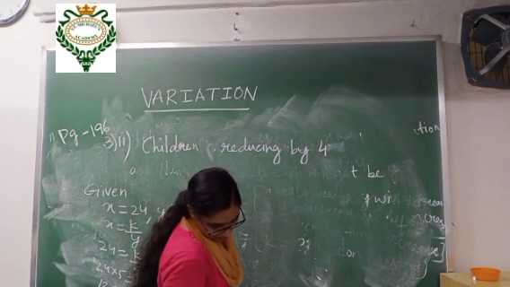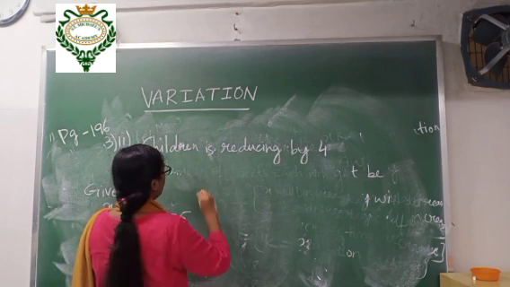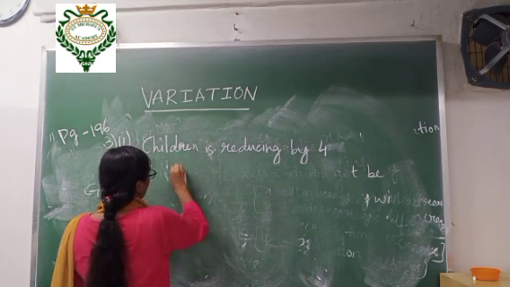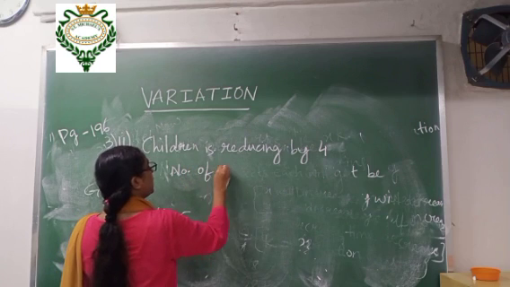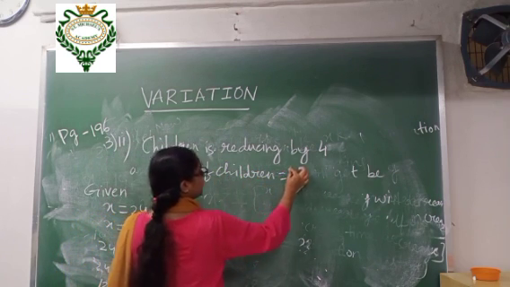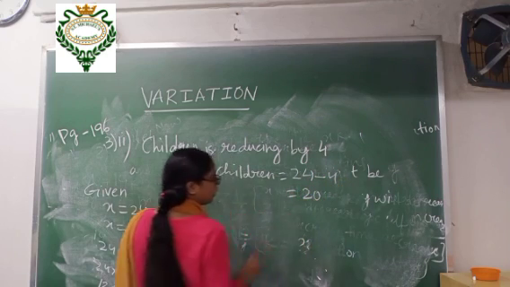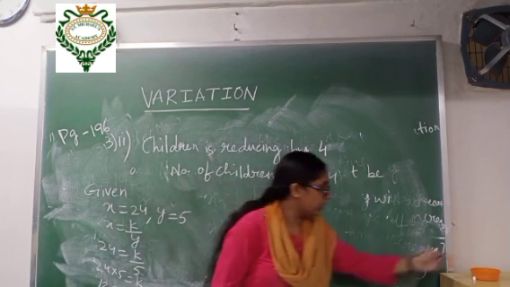Reduced by 4, therefore number of children. Now what is the number of children? First it was 24, now it is reduced by 4, it means 20. Now number of children is 20.